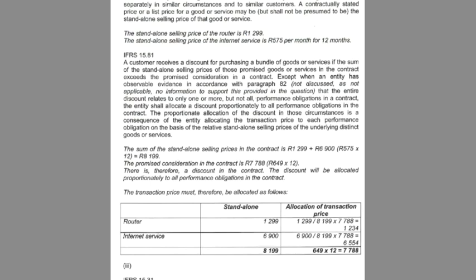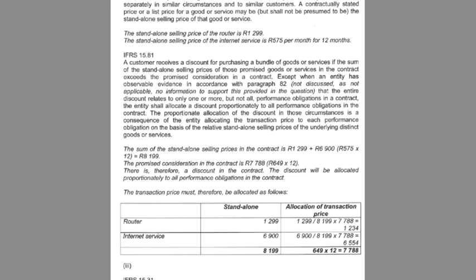A paragraph that you might have noticed as you go through the paragraphs dealing with transaction price and allocating it to the performance obligations is paragraph 81, which deals with a discount. Now, the word discount was not specifically mentioned in the question.